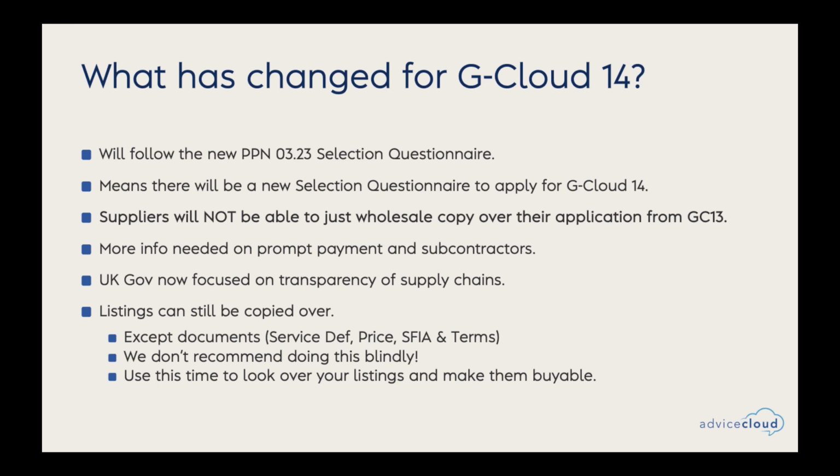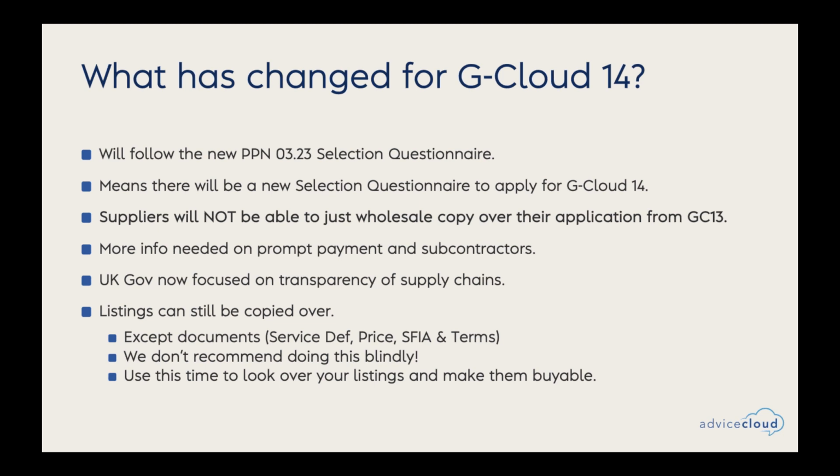So it won't be the same background questionnaire as in G Cloud 13. It means that suppliers just won't be able to wholesale copy over their application from G13. So there'll be work that you need to do. Make sure you put that into your plan, and check the stuff early in case there are things you need to remediate.